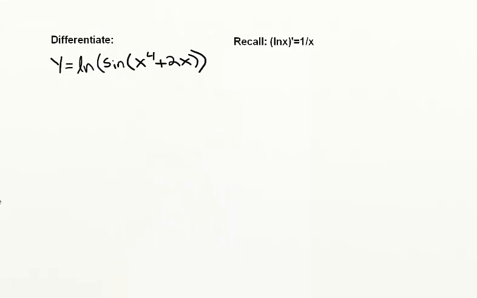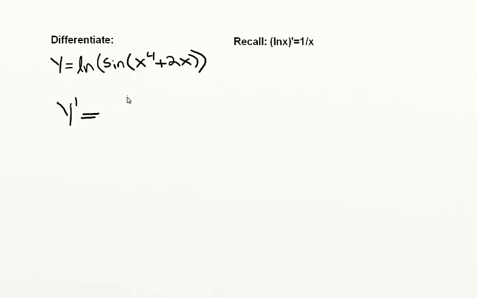This video is going to cover the derivative of logarithmic functions, and we're going to recall that the derivative of the natural log of x is 1 over x, and we're going to use that to differentiate this function. So we're going to start off by taking the derivative of our outermost function, which in this case is the natural log of a bunch of stuff.